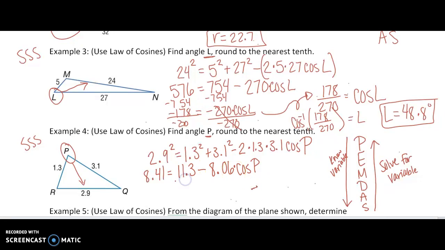So because of that, I am subtracting both sides by 11.3.